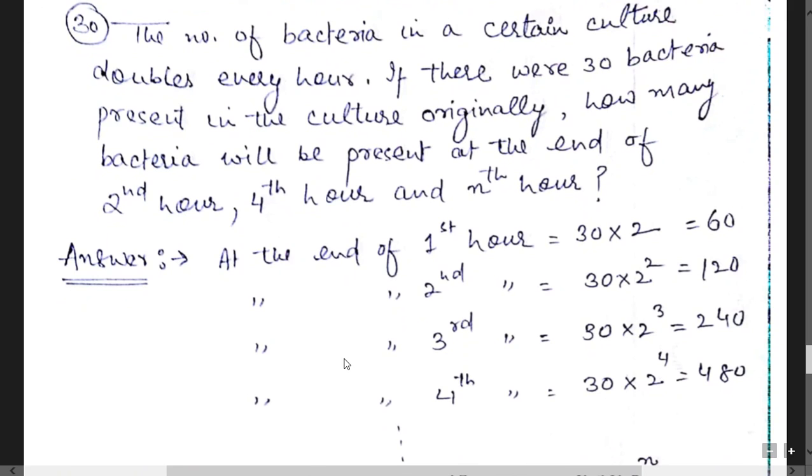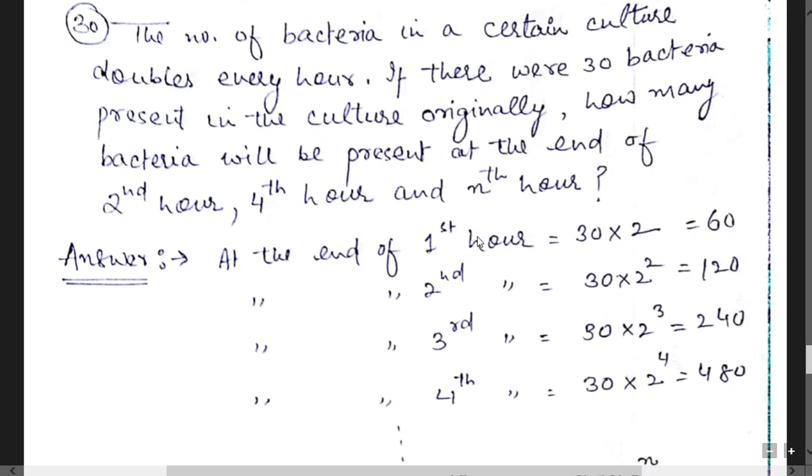Question number 30 is again the simplest question basically. The statement is long, but the question is simple. The number of bacteria in a certain culture doubles every hour. In each hour it doubles by itself.